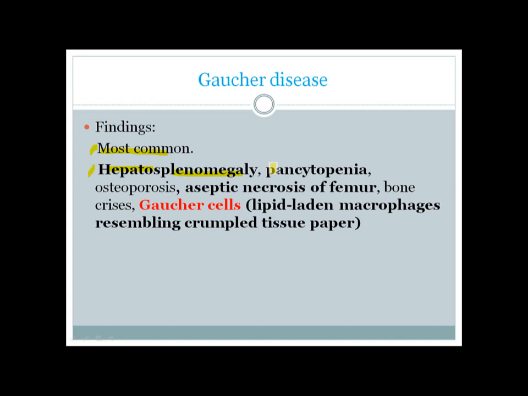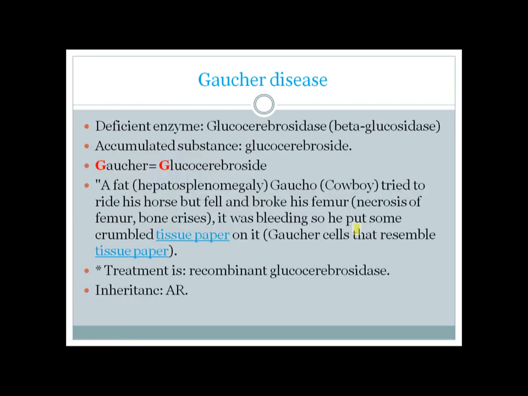The patient can have bone marrow failure leading to pancytopenia. The patient can also have osteoporosis, and more importantly, aseptic necrosis of the femur and bone crisis. And if someone does a liver biopsy, he or she will see Gaucher cells. Gaucher cells are found on liver biopsy, which are actually lipid-laden macrophages that resemble crumpled tissue paper.